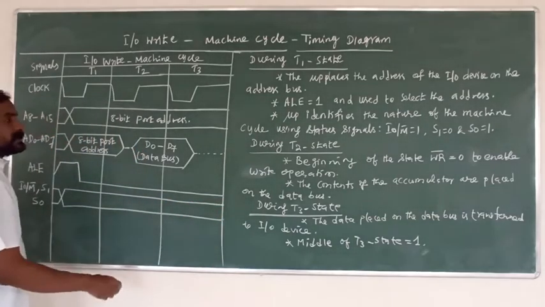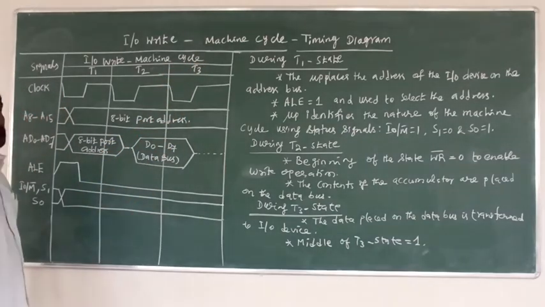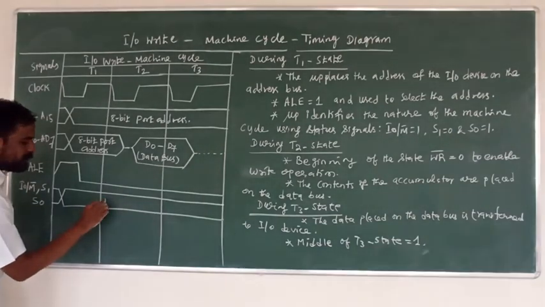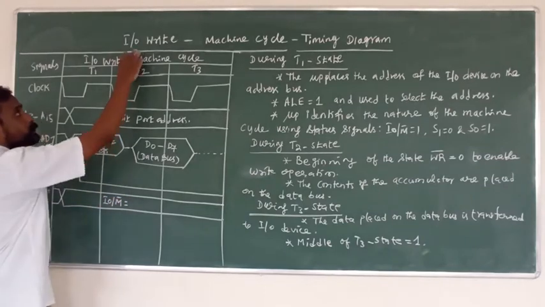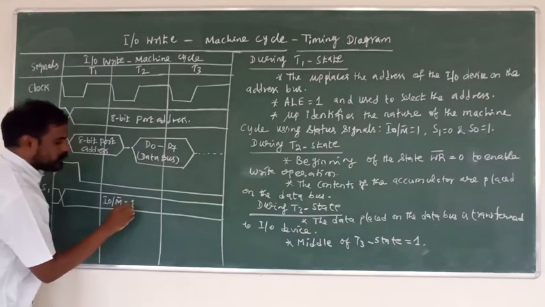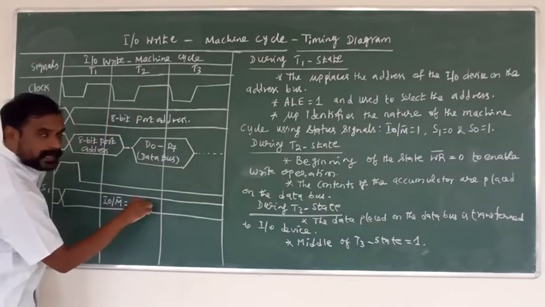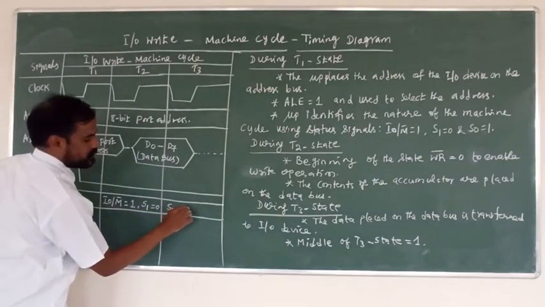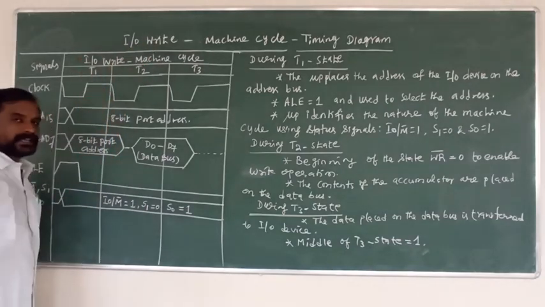It will be maintained constant throughout the T3 T state. This is for input output write: to select input output, IO/M bar is 1, and write means S1 is 0 and S0 is 1. It will select the input output write operation.